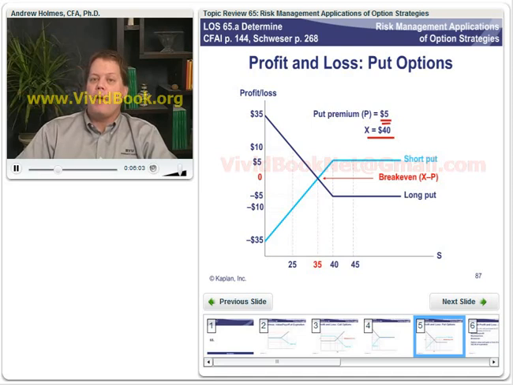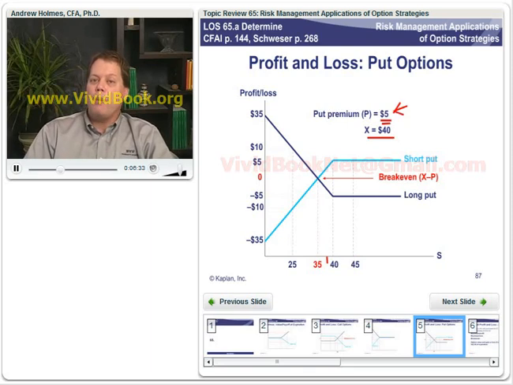You paid a $5 put premium on this put option that has an exercise price of $40. So what happens here? If the price goes down to $37, do you exercise? Yeah, you can buy in the market at 37 and put it to the contract for 40. So you end up making $3 at the end. But remember, you paid $5 to begin with. Once you pay that premium, you don't get it back.